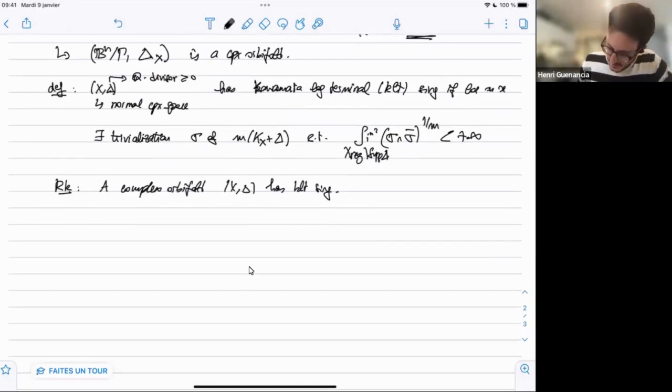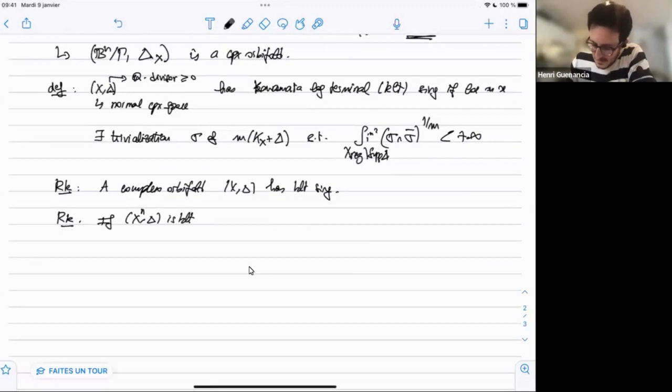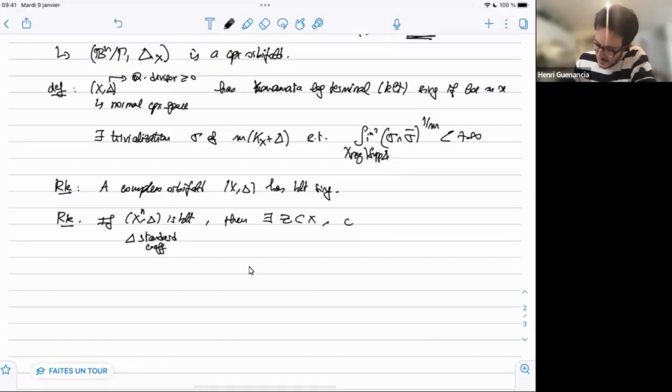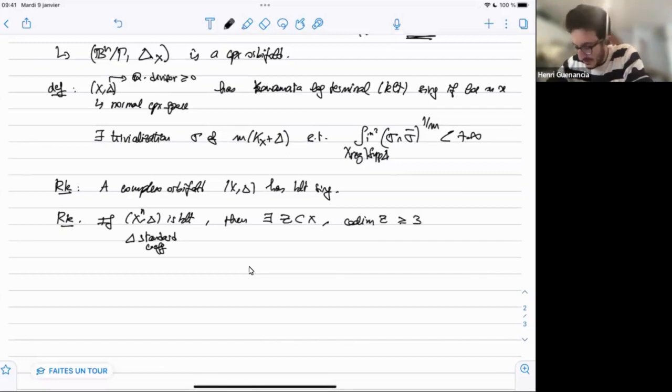So another remark that's very important is that if X delta is a KLT pair, of dimension n, probably I need delta to have standard coefficients, of the form 1 minus 1 over m, then there exists a very small Zariski closed subset Z. And by very small, I mean the codimension of Z inside X is at least 3.